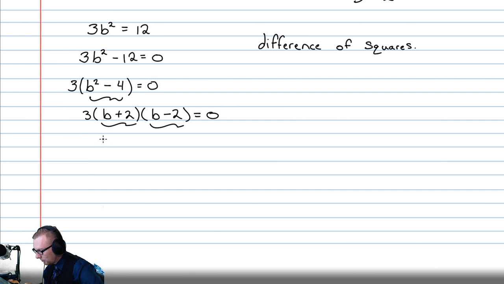Mm-hmm. So b plus 2 equals 0, and b minus 2 equals 0. What about the 3? Well, the 3 can never equal 0. 3 is a constant, right? It's just not part of it. So the first one will be b equals minus 2, and the other one will be b equals 2.